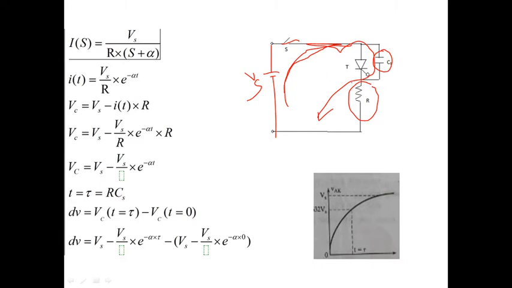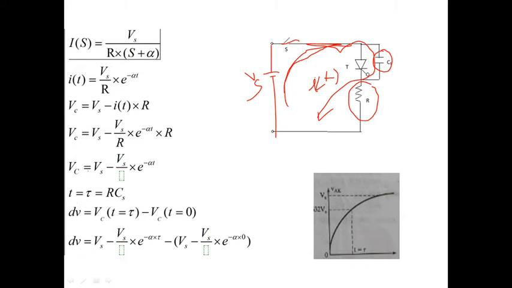The current which is flowing here is I(t), so I(t) into the resistor. So Vs minus I(t) times R, with I(t) = Vs/R already calculated, the R cancels, and Vc = Vs minus Vs e^(-alpha t).